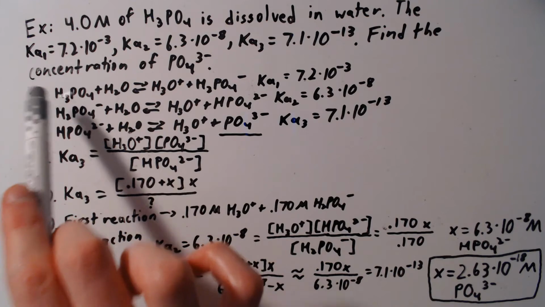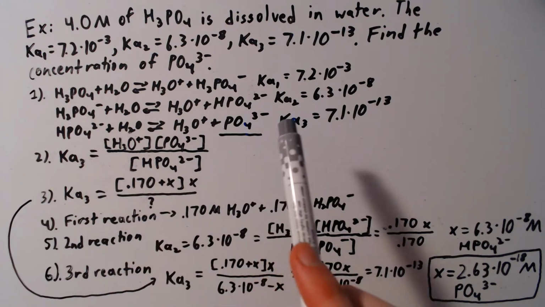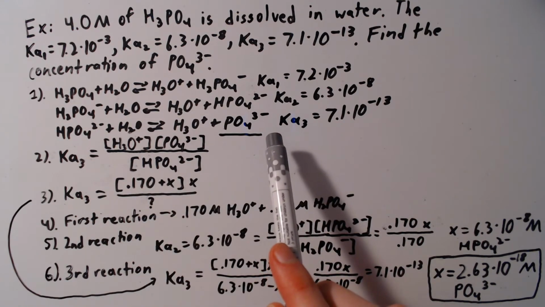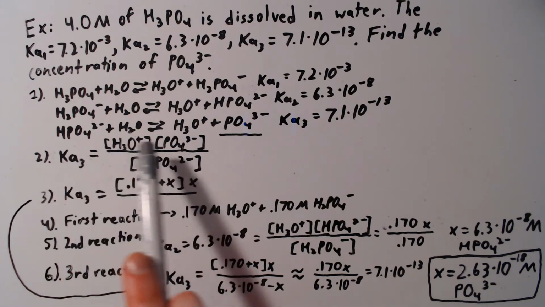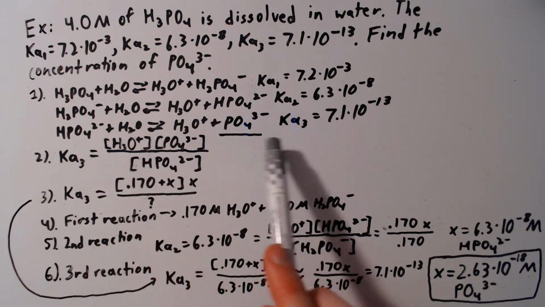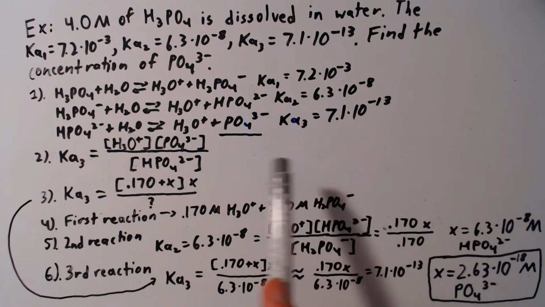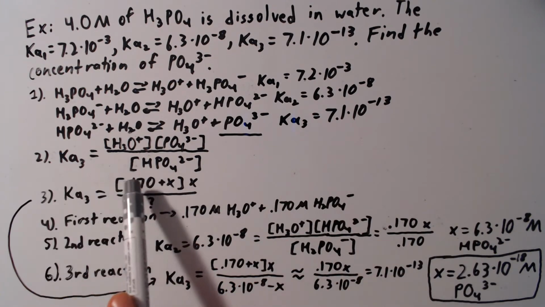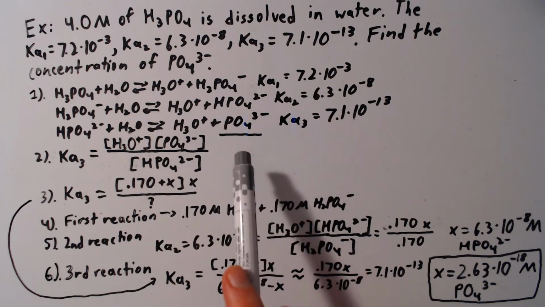So we have to work with all three in this problem. Since the third one is the most important one in this case because it produces the PO4 3-, let's start off by drawing the equilibrium equation for this third reaction.